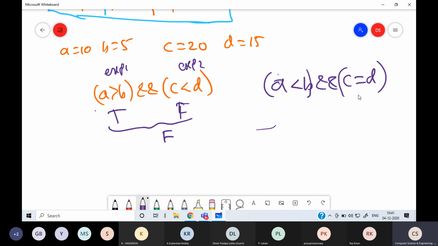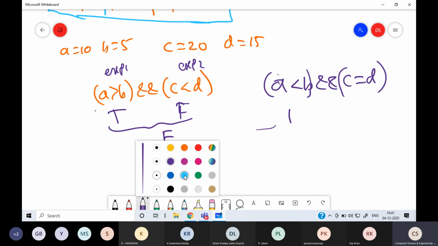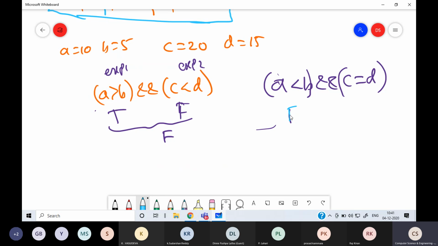Now, in this case, normally C is assigned with D, but here A is less than B is false. Because A is less than B is false, this is not going to be evaluated at all. So C remains 20 and D remains.